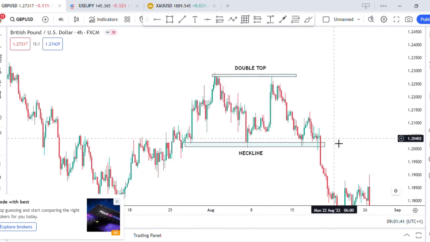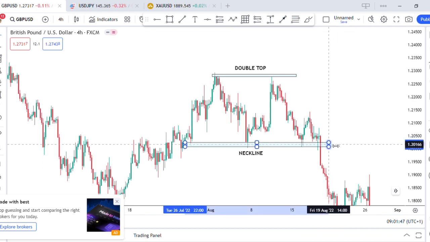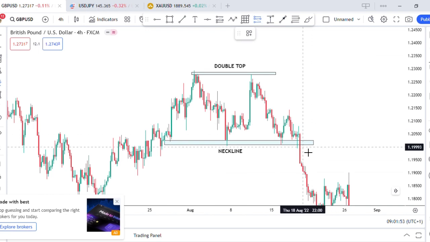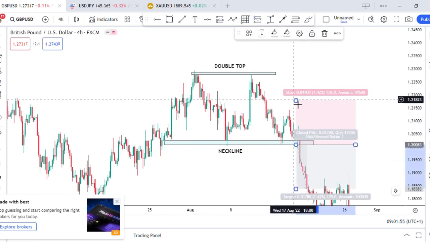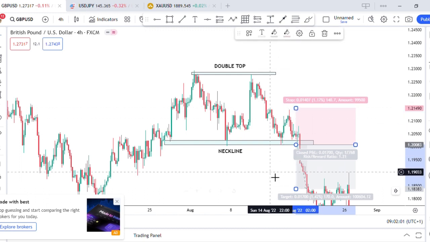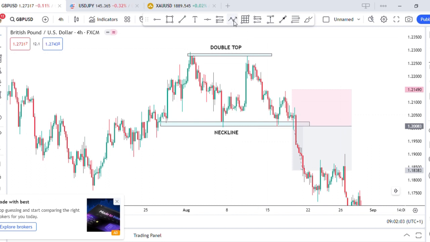After the breakout, this is what many YouTubers teach on their YouTube channel. After the breakout, you are going to be finding an entry. So you're going to enter short from it. Then from there you are going to set your stop loss anyway, without proper money management, without proper risk control. And also they are going to say take profit from the same level from the neck to the swing high.